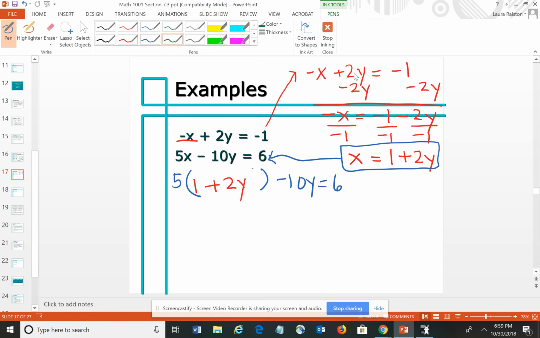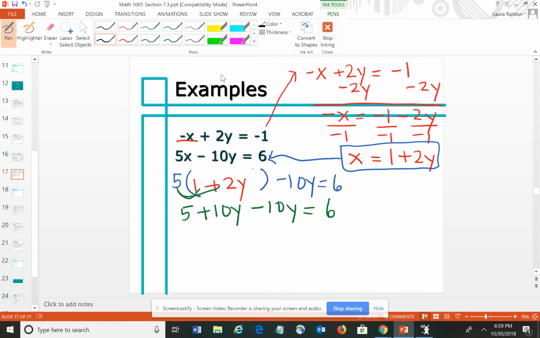I'm going to distribute to eliminate the parentheses. 5 times 1 is 5. 5 times 2y is 10y. Minus 10y equals 6. And then I combine like terms.